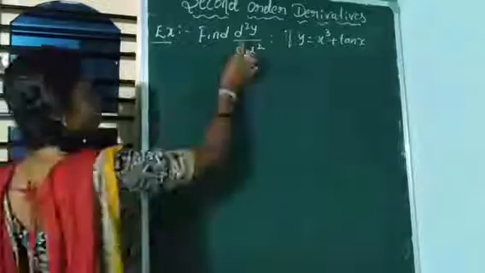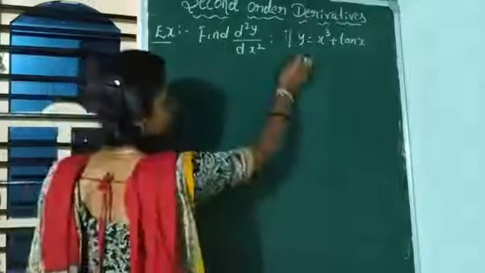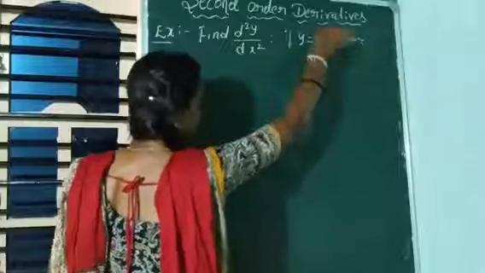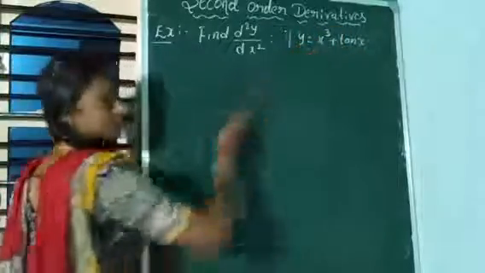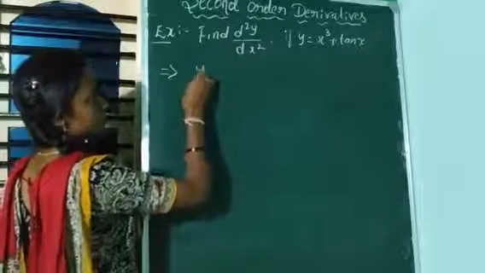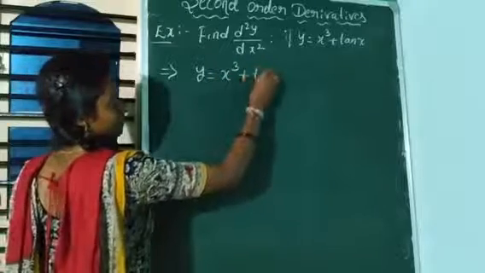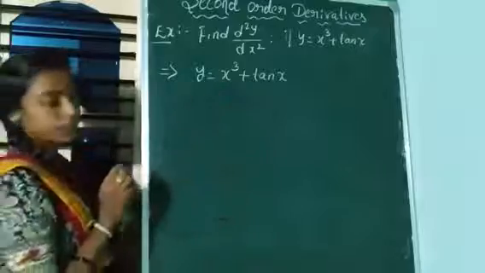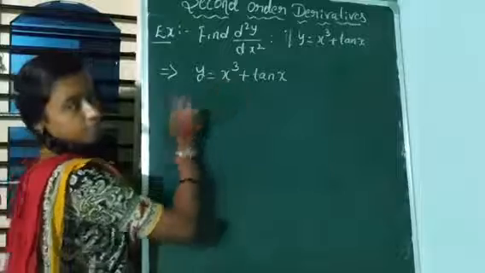The function is y, like f of x, a function in the variable x. You need to differentiate this function twice. Consider the function y is equal to x cube plus tan x. Differentiate this function with respect to the variable x.